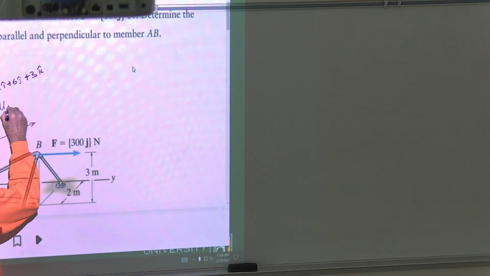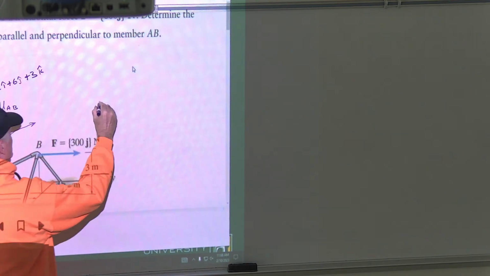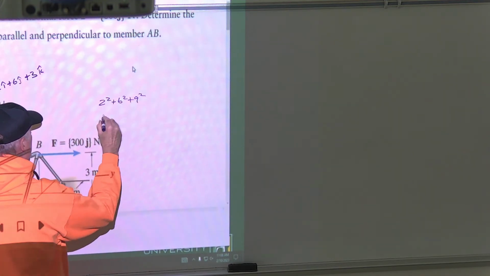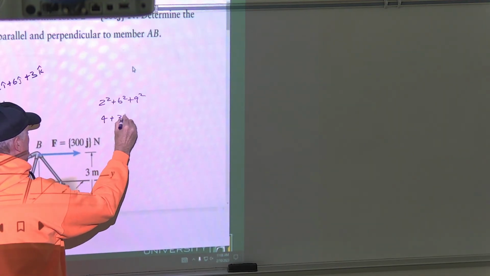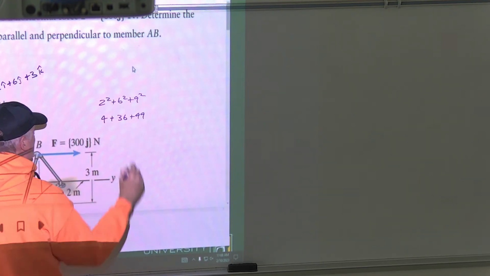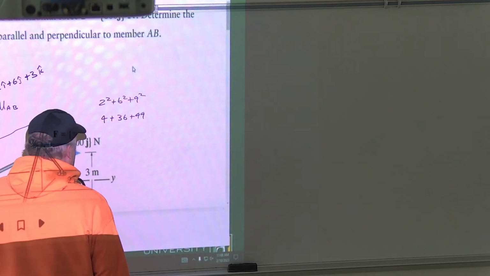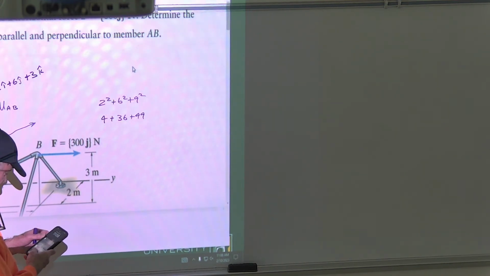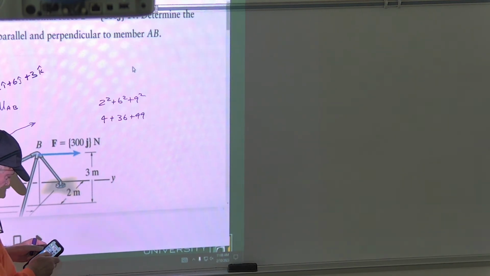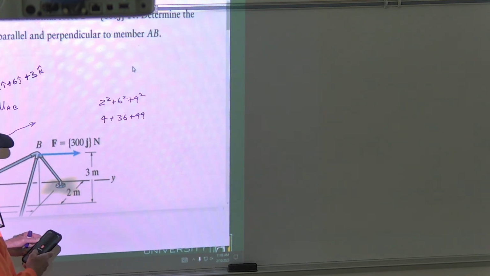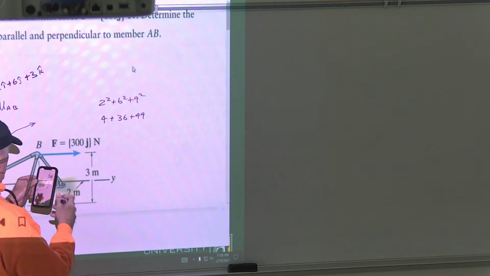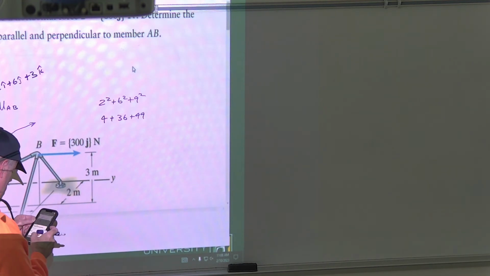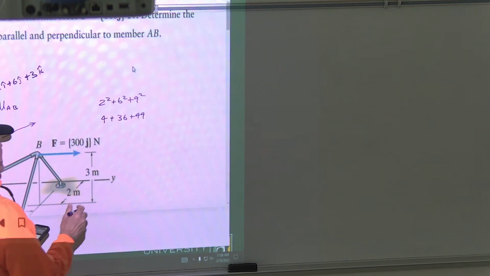The unit vector AB, okay, so what is 2 squared plus 6 squared plus 9 squared? I'm really scared here. 36 plus 49. Well, what is that? Shoot, I'm not sure this is going to work out. Well, okay, I'm mistaken.